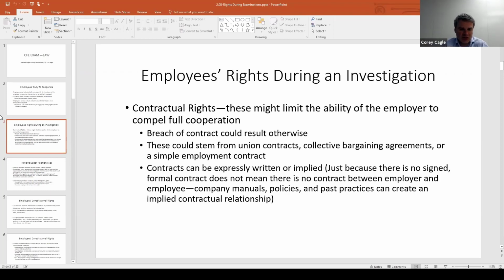Breach of contract could be part of the deal if the employee was required to do something against that contract. These things could come from union contracts, collective bargaining agreements, or just a simple contract between the employee and the employer. They can be expressly written or they can be implied. Just because there's no signed formal contract doesn't mean there isn't a contract that exists. They can dig into company manuals, company policies, and even past practices that can create an implied relationship.